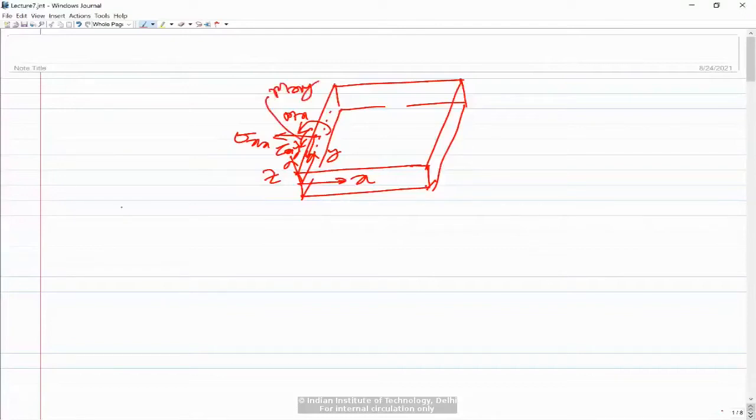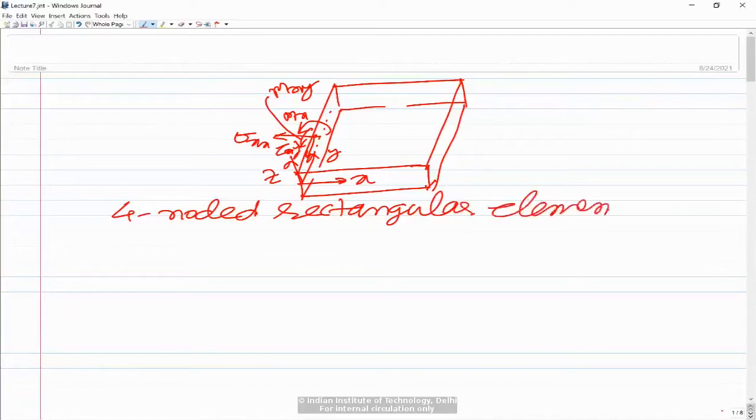Last class we were talking about this four noded rectangular element with 3 degrees of freedom at each node. So the element was like this.